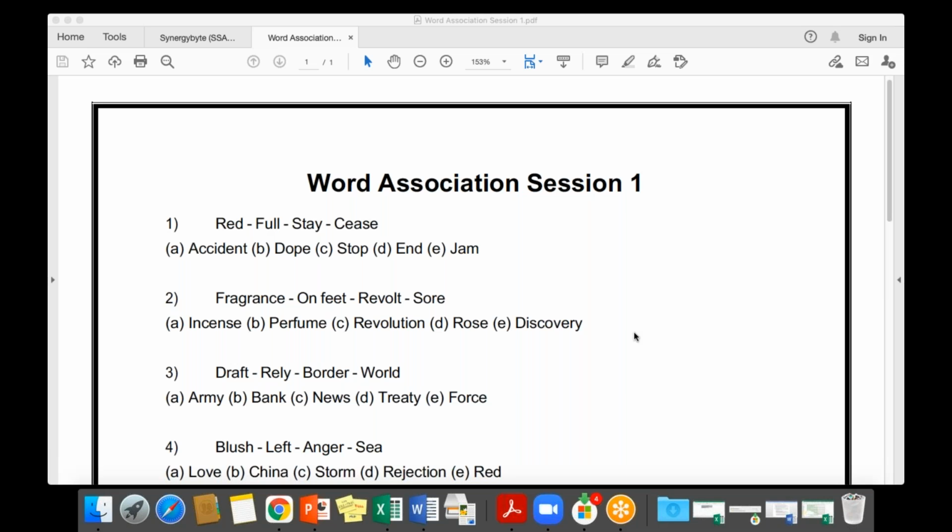I'm left with revolution and rose. Now revolution again cannot go with fragrance, so I'll reject revolution also. I'm coming to rose. How is rose related to soar? And how is rose related to revolt? Rose and soar are anagrams. Perfect. How about rose and revolt?